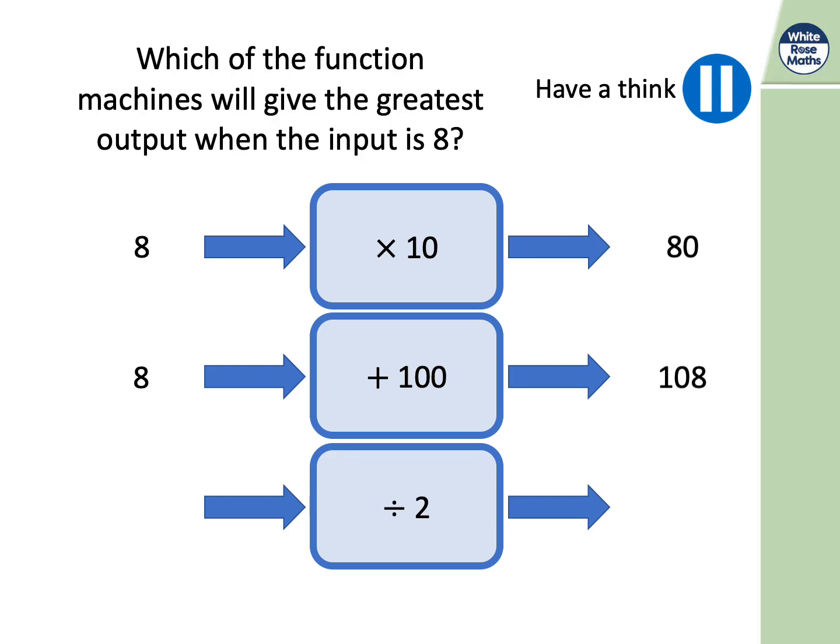For our final function machine, we need to divide 8 by 2, and 8 divided by 2 is equal to 4. So we can see that the function machine that will give the greatest output is the middle one, add 100 in this case.